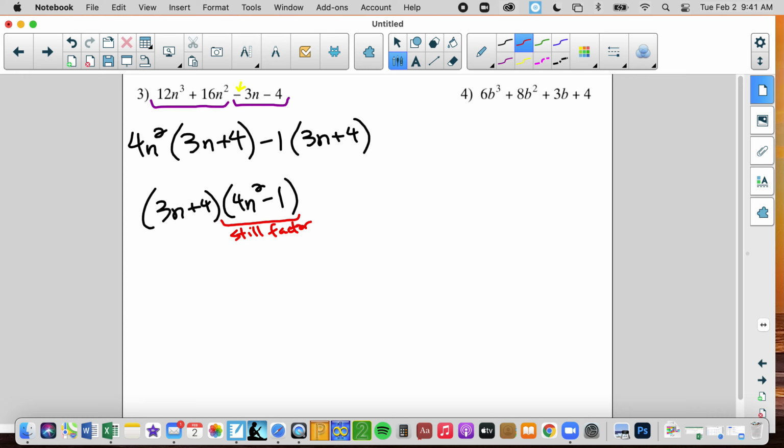Something should have told you: two terms, subtraction, and both are perfect squares. So technically, we can still factor that. That becomes 3n plus 4, and this becomes 2n minus 1, 2n plus 1, because this is the difference of squares. I wonder if that answer, let's look at number 3.